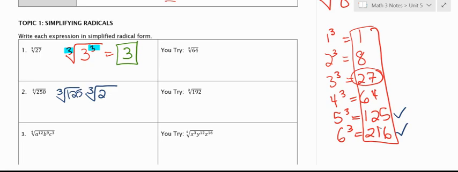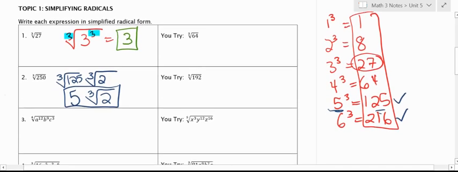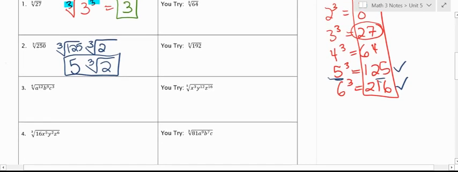When I do the cube root of 125, I get 5. So the answer would be 5 times the cube root of 2. If you forget the 3, that's not technically a correct answer. That would be 5 root 2, which is root 50, a different value altogether. So you do need that index of 3 for it to be correct.